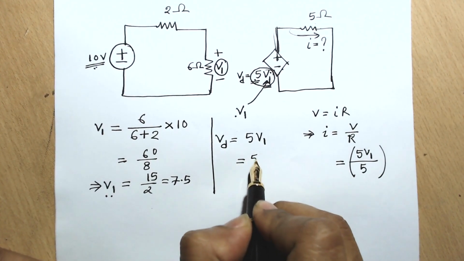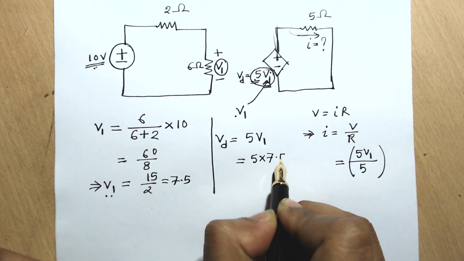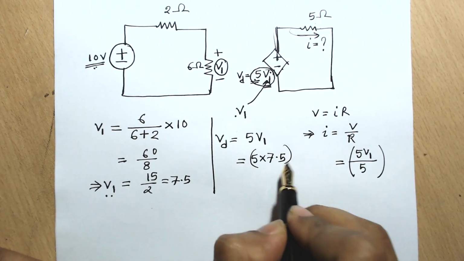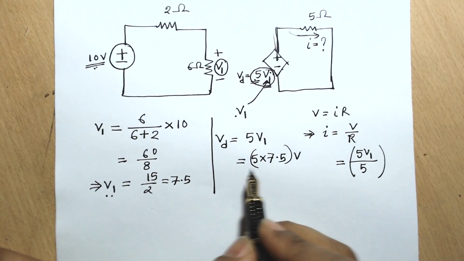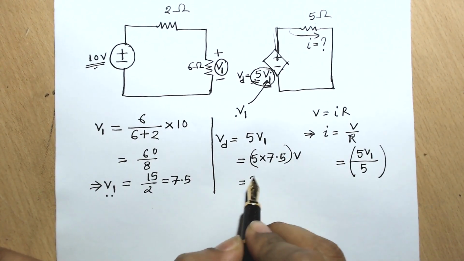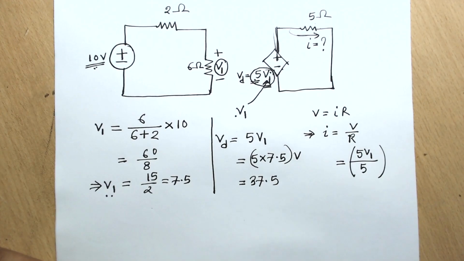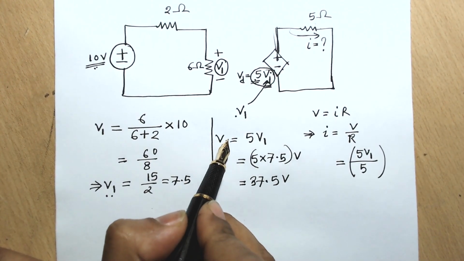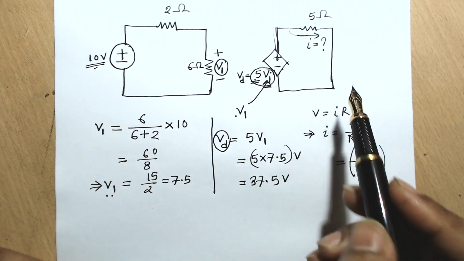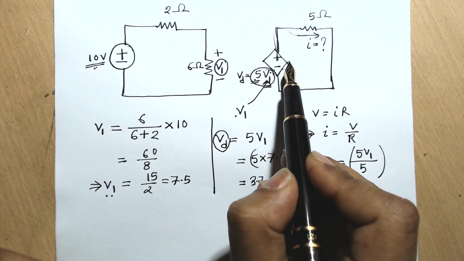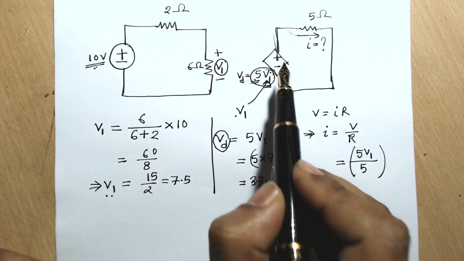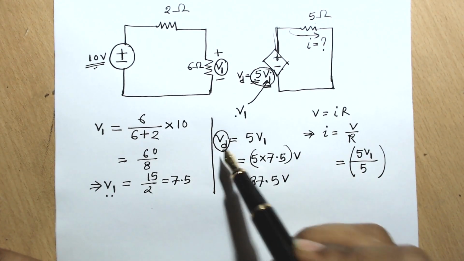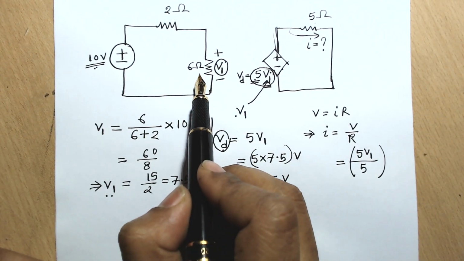If we put the value like this, we will get the value of this dependent source. So it will be 37.5 volt. Now I know the value of VD. That means I now know the value of this dependent source. So that's how the voltage of a dependent source is decided by other elements.